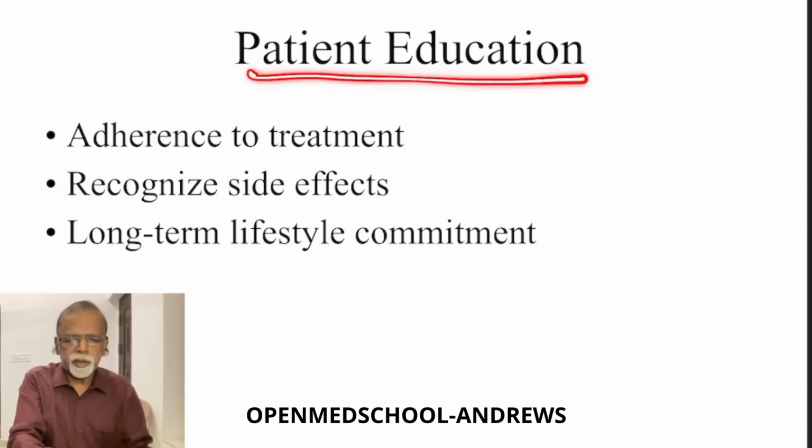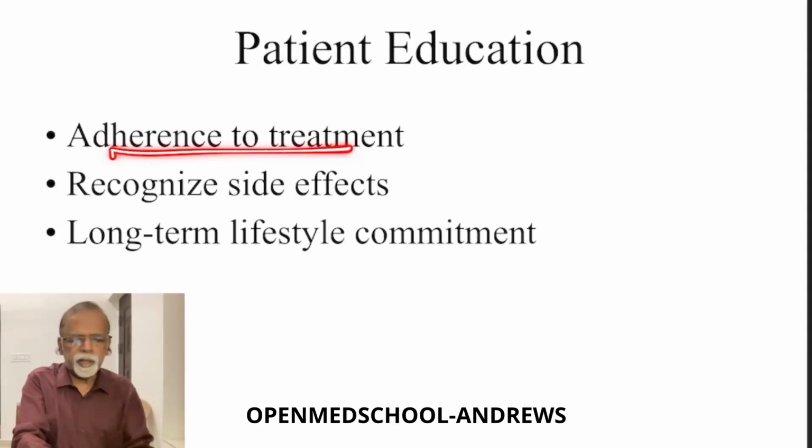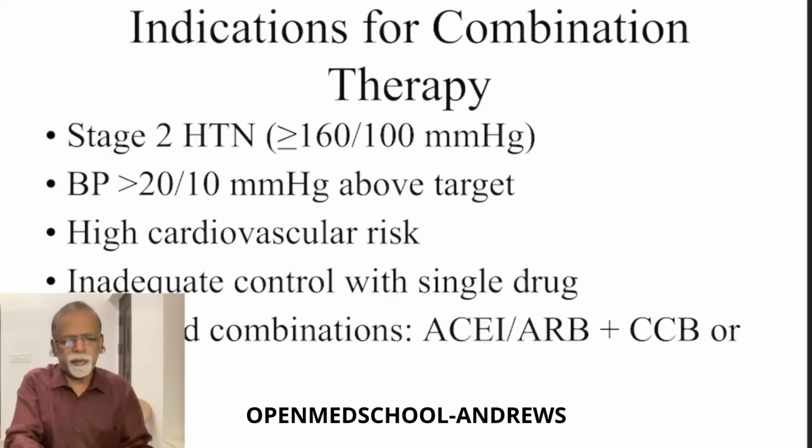Patient education is important. Many times what happens is the patient is given a drug for 1 month and then comes back after 3 or 4 years with renal dysfunction, saying that they were asked to take it only for 1 month. So adherence to treatment, proper education, recognizing the side effects, and long-term lifestyle commitment should be there.